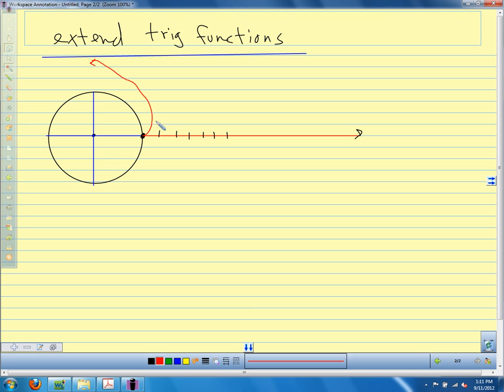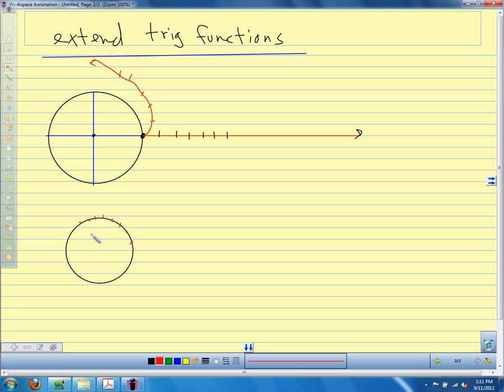So my points end up around here. And eventually, as I wrap the number line around the unit circle, I'm going to draw another little picture down here. I won't put as much detail. I will wrap that number line tightly around the unit circle so that each number on the number line matches up with a point on that unit circle as I wrap it around.